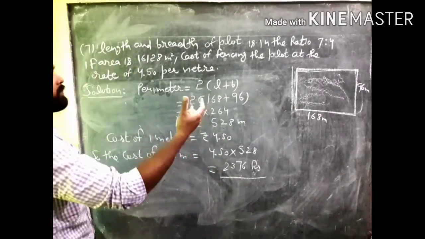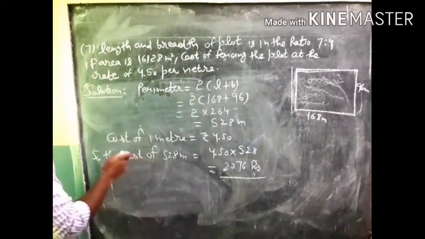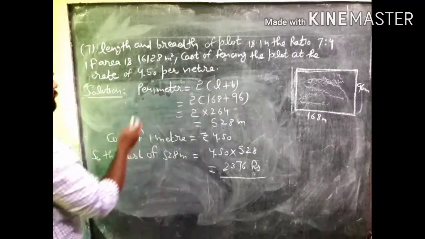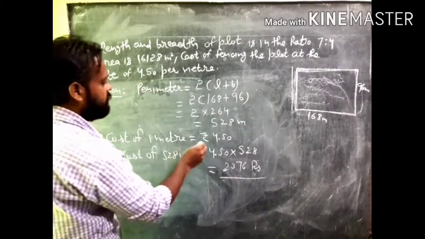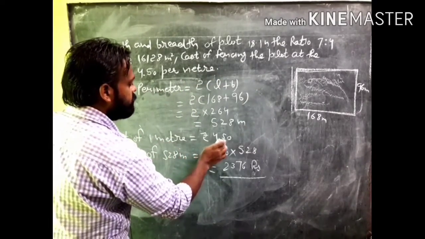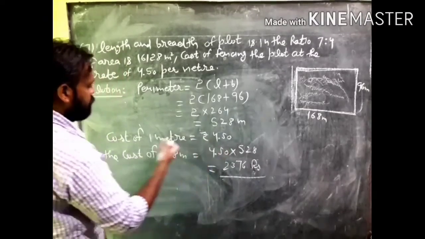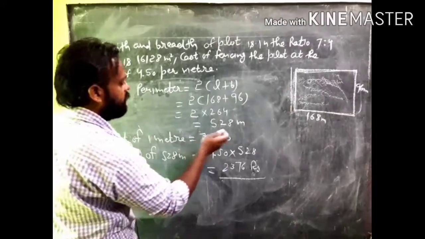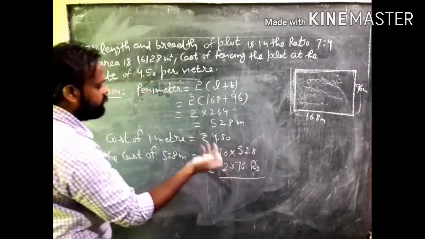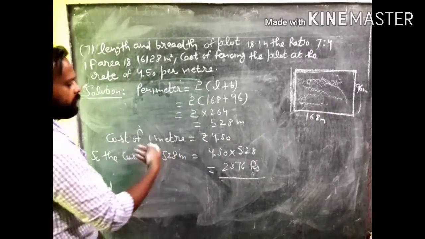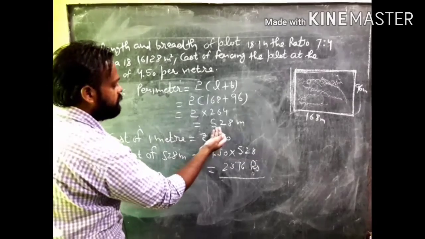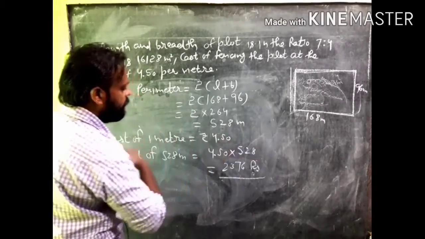Now we want to fence this one, so we have to find the cost. The cost is already given to us. The cost of 1 meter is given as 4 rupees 50 paisa, means 4.5 rupees. This is the cost of 1 meter, but the total length is 528. So we can find the total cost by multiplying 528 with this value.